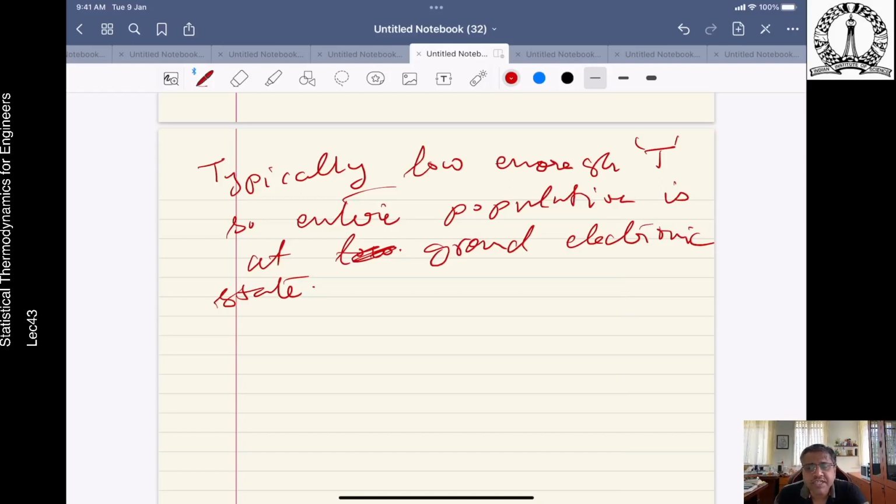The translation and electronic contributions follow those for the simplex model. Evaluation of the ro-vibrational contribution is more complicated, and this is what we can write.